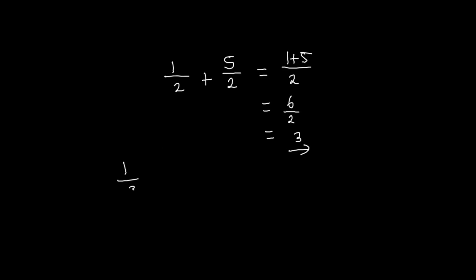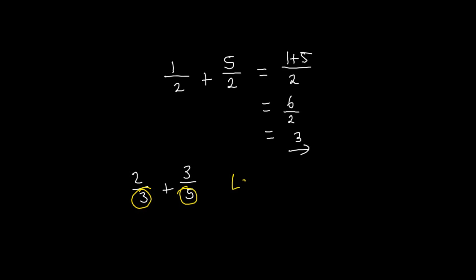But what happens if the denominators are not the same? Let's say I have 2 over 3 plus 3 over 5. Because the denominators are not the same, I need to find the LCD, which is basically the lowest common denominator between 3 and 5.